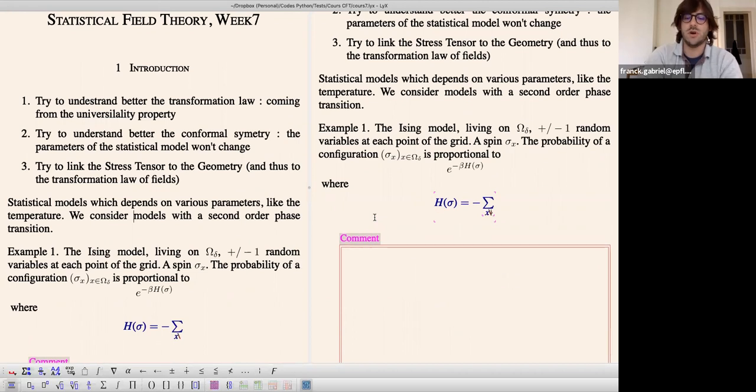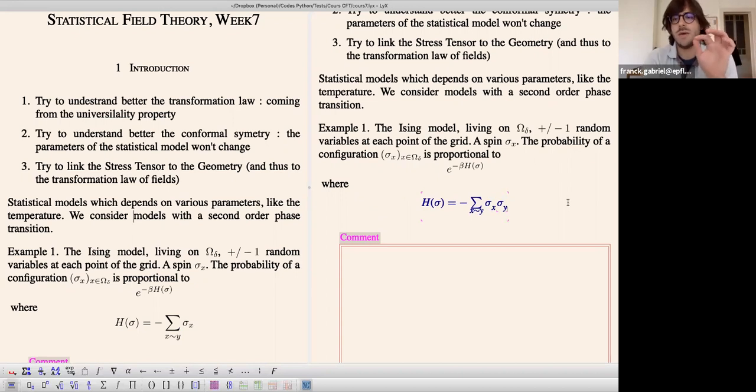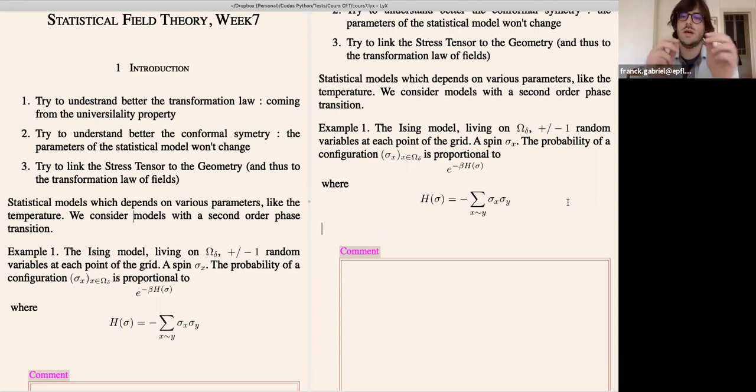So we have to sum over all the neighbors, and we look at sigma x, sigma y. Which means I am at x and I look at this edge and ask, do the spins align or not?